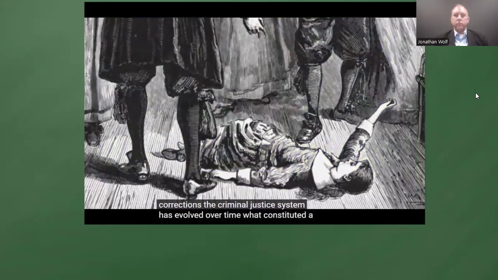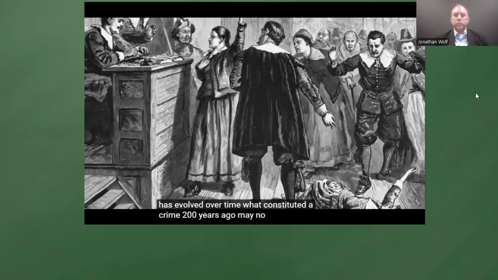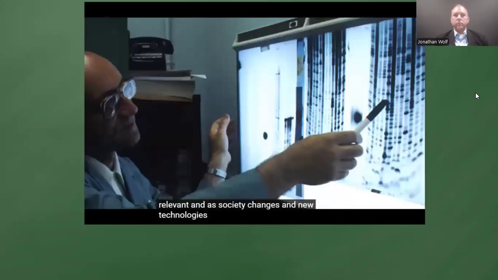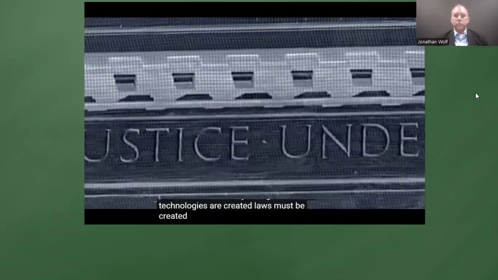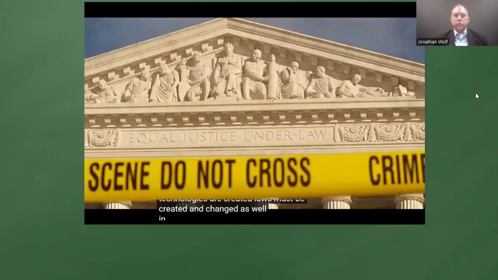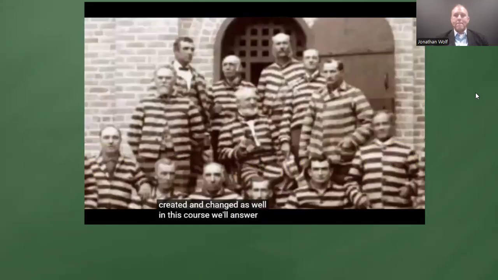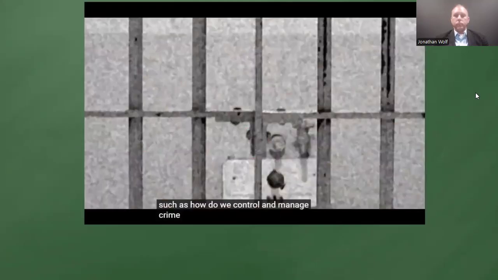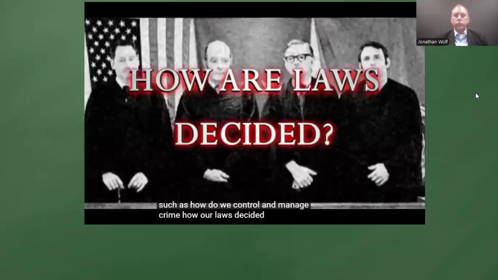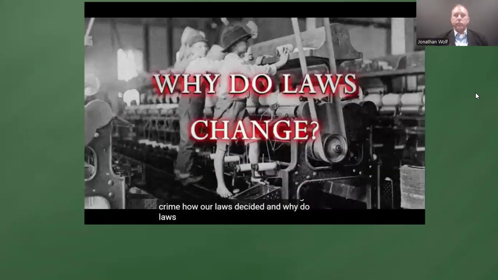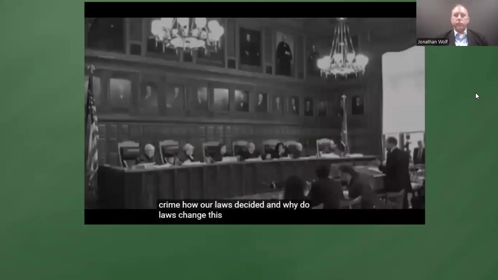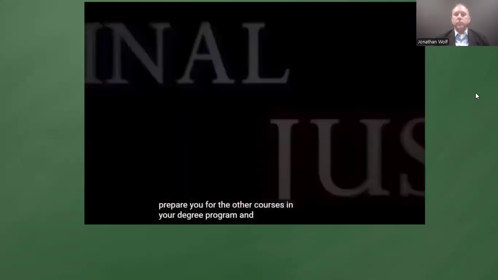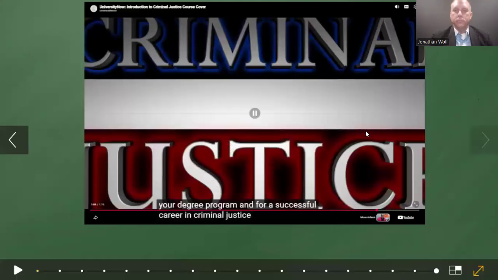What constituted a crime 200 years ago may no longer be relevant, and as society changes and new technologies are created, laws must be created and changed as well. In this course, we'll answer questions such as: how do we control and manage crime? How are laws decided? And why do laws change? This survey course will prepare you for the other courses in your degree program and for a successful career in criminal justice.